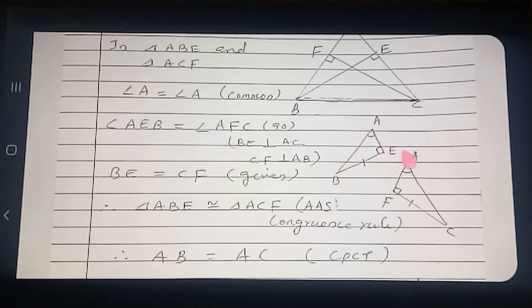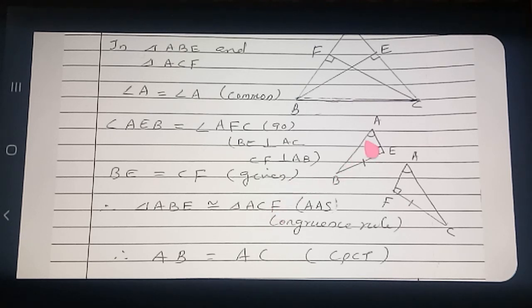A is in the correct position, right? Now E, where is it written? Third position. F, where is it written? Third position. See here, E and F are equal, no? So E and F you write in the correct position. Here third position, here also write in the third position only.